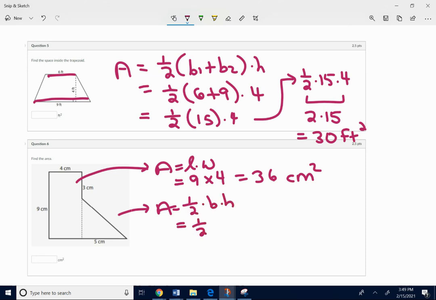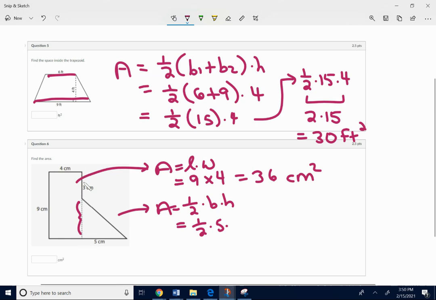Okay, 1/2 times 5. Now you've got to be careful with the height. You don't know what that is just by looking at it. But look right here, guys. This entire side over here on the left is 9. And over here on the right, this entire segment makes up 9.